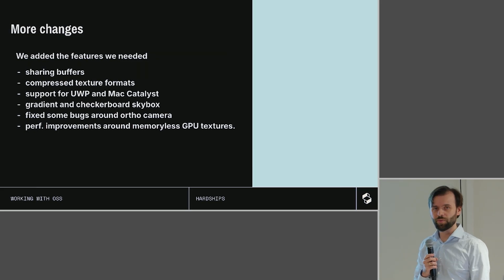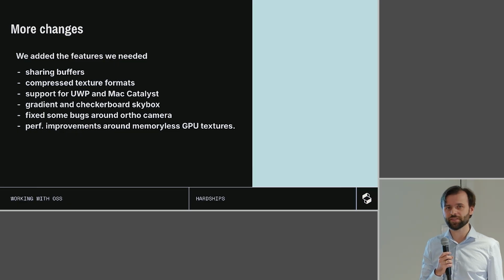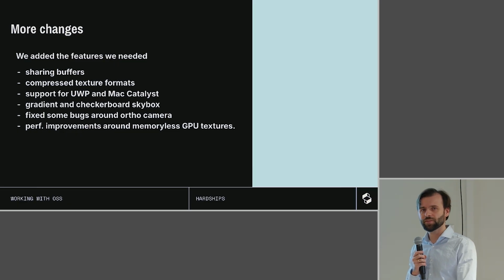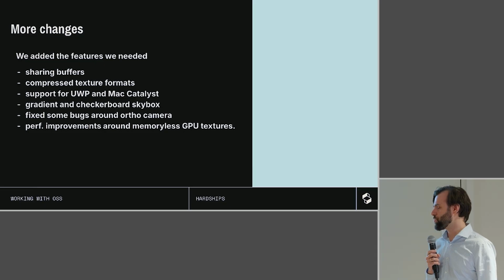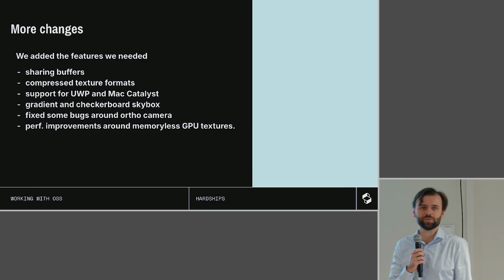And we added a bit more. There were a few texture formats. Filament supported compressed texture formats, just not all of the ones that we wanted to use, so we had to add some. I mentioned Filament supports Windows.